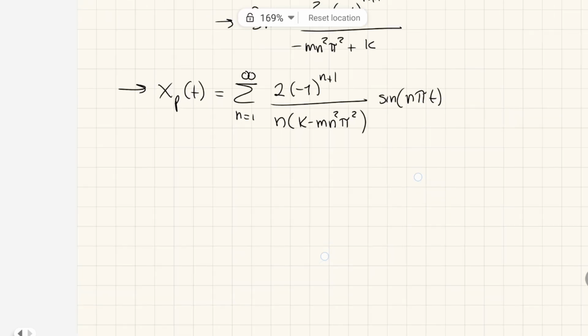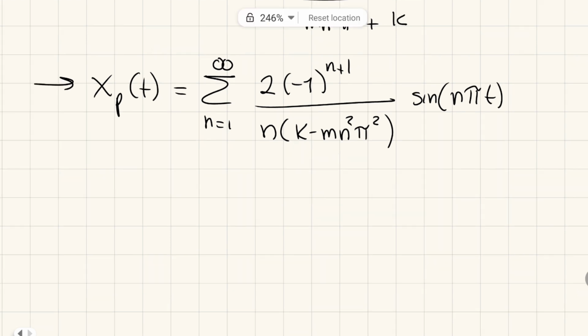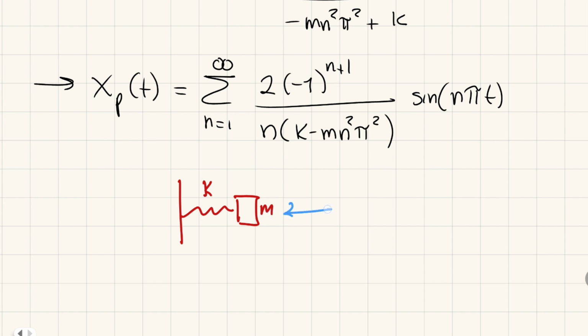Perfect. So this will be a particular solution of, for example, a spring that is oscillating. It has a constant k, and this block has a mass m, and in this case there is a particular force with magnitude f of t that changes in time with periodicity equal to p.